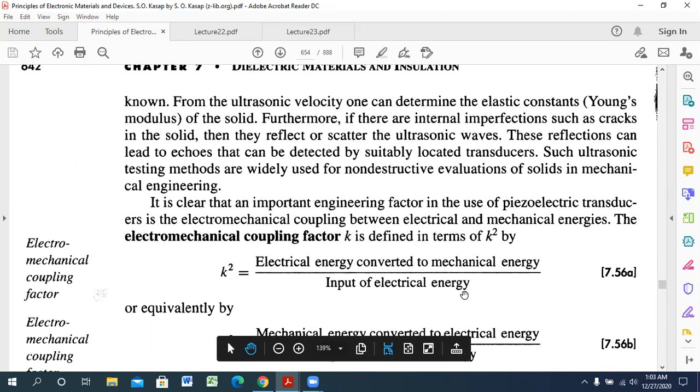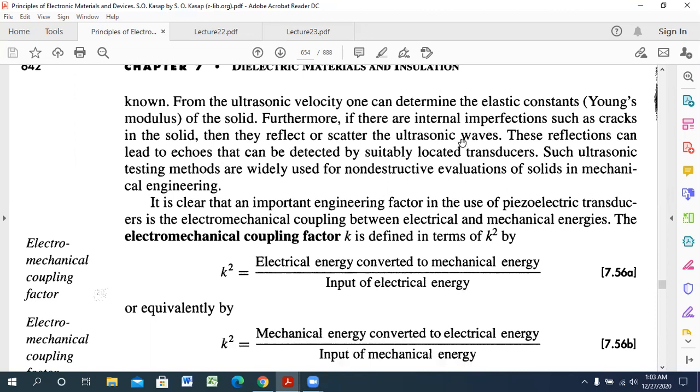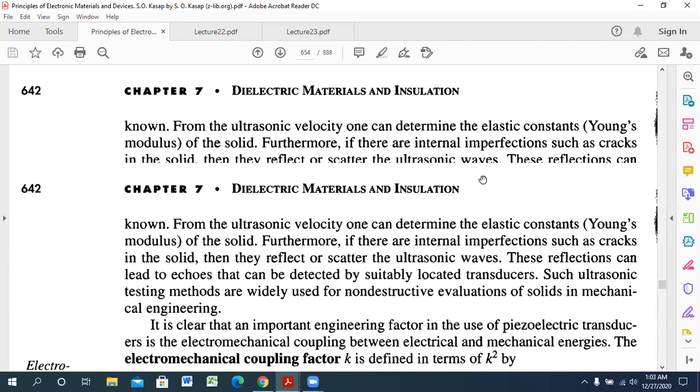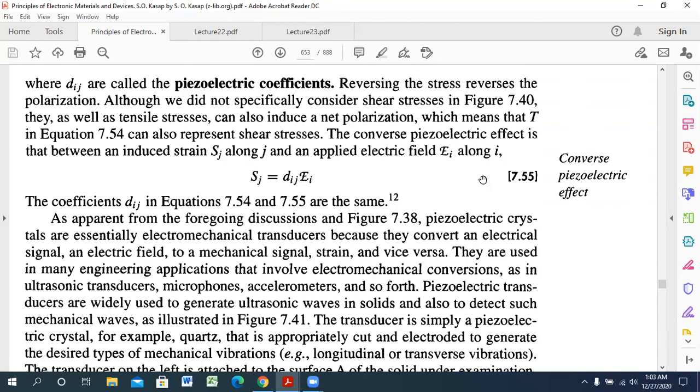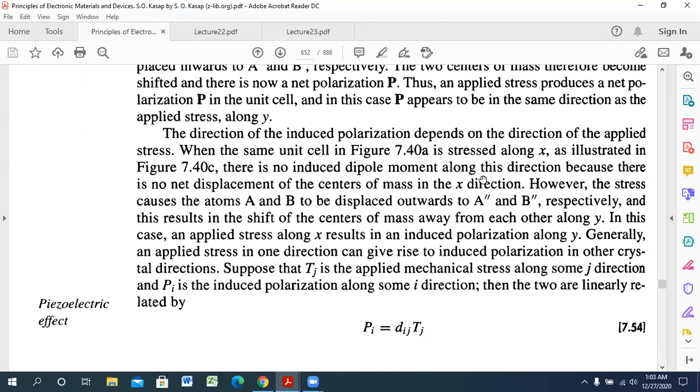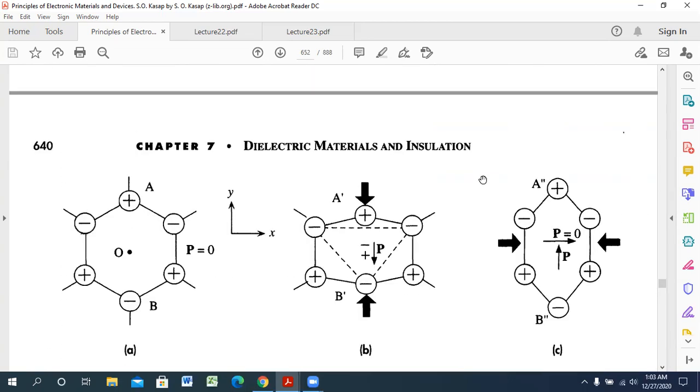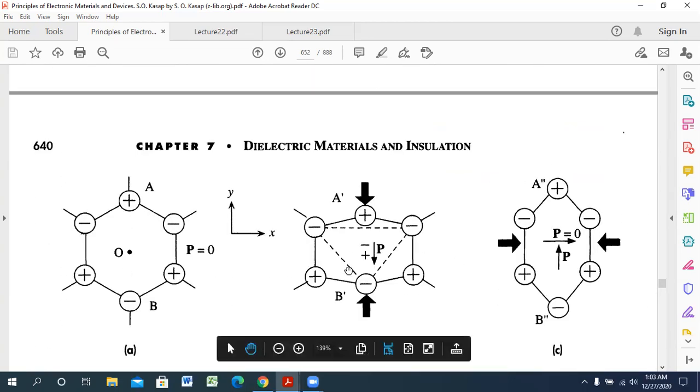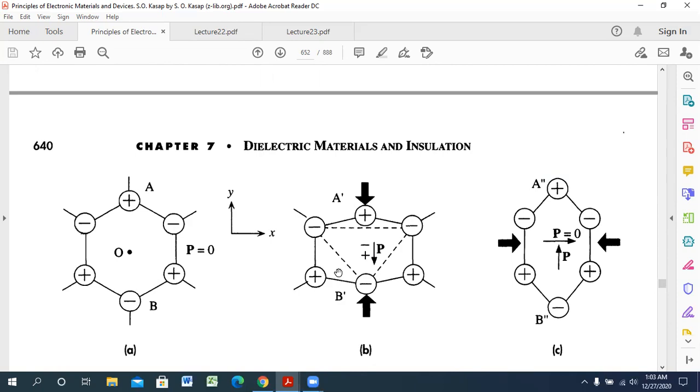Okay, I forgot to mention another thing. If we apply an external electric field to these piezoelectric materials, then mechanical deformations will occur. So this type of conversion is also known as the piezoelectric effect.